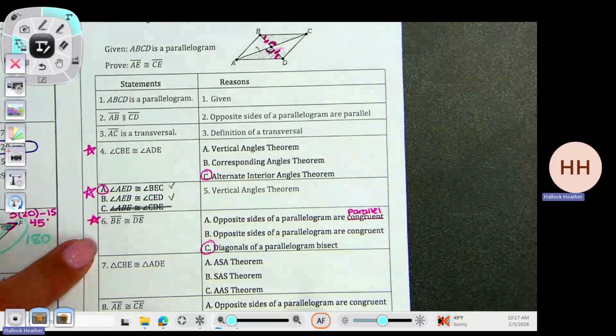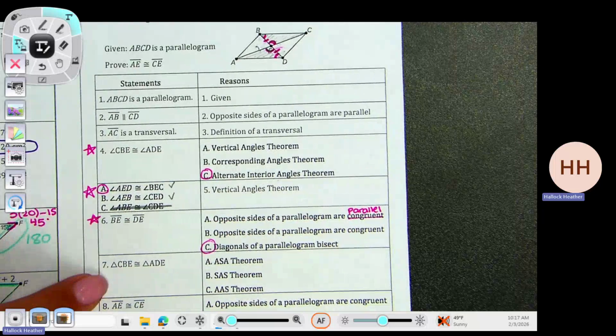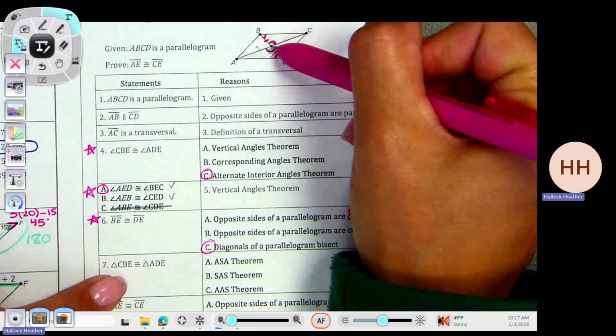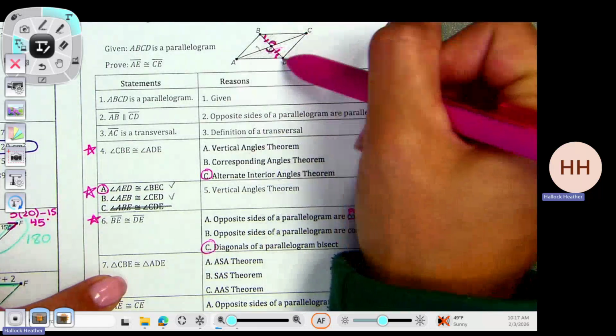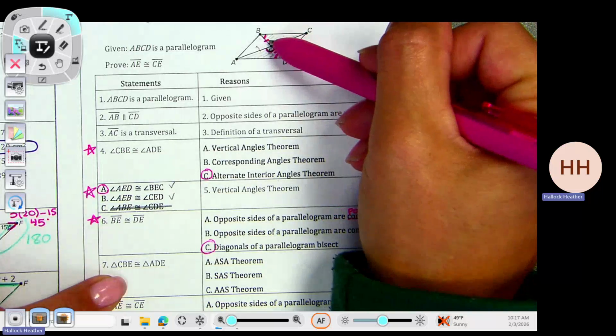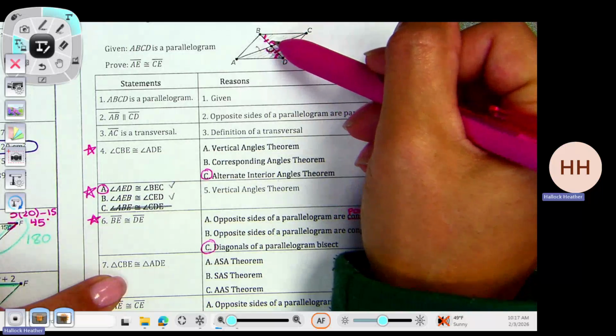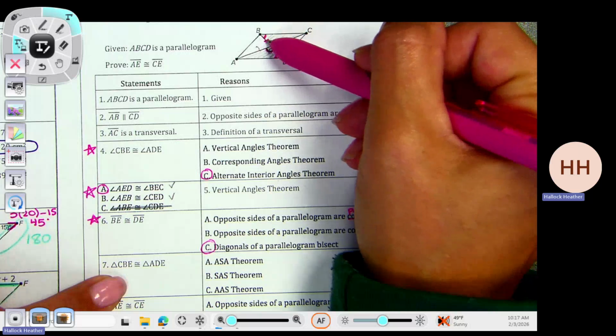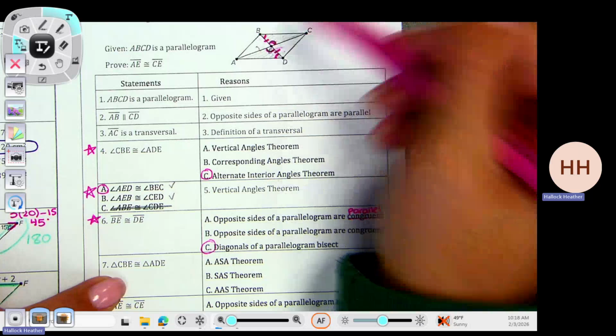You mark it. The next thing, based on the markings you have, you pick your theorem. So to know that CBE and triangle ADE are congruent, you have an angle, you have a side, and you have an angle. You cannot use AAS for this because the side is between the A's. It's in the middle.